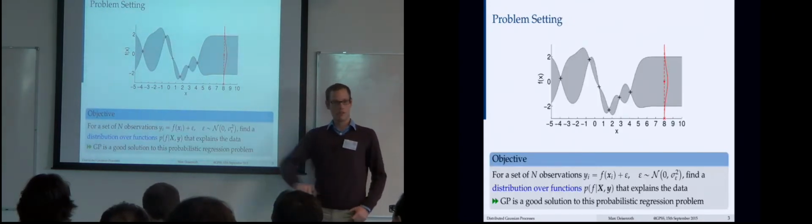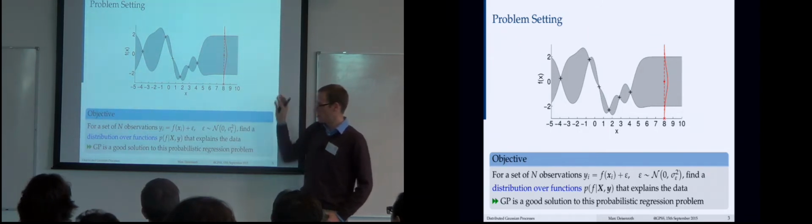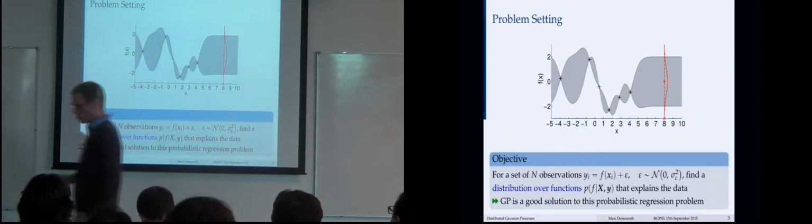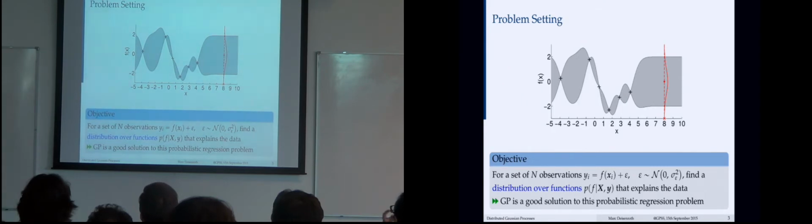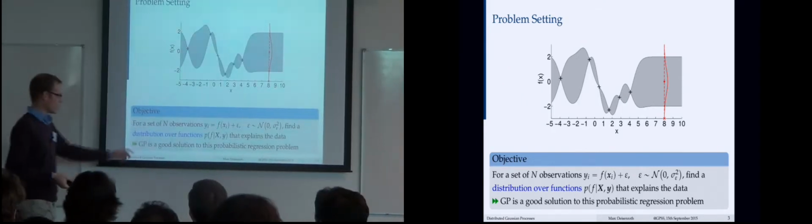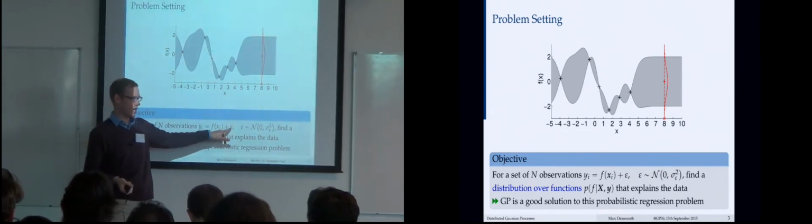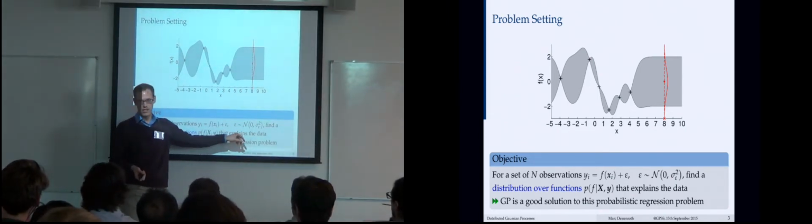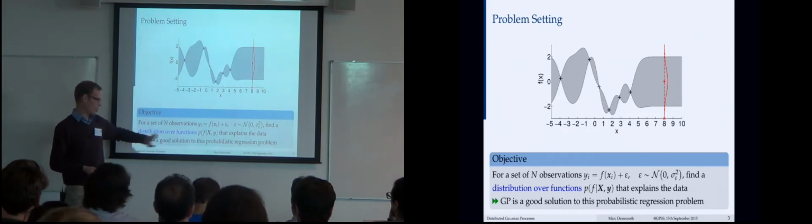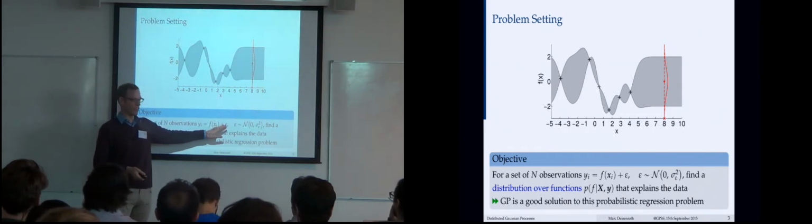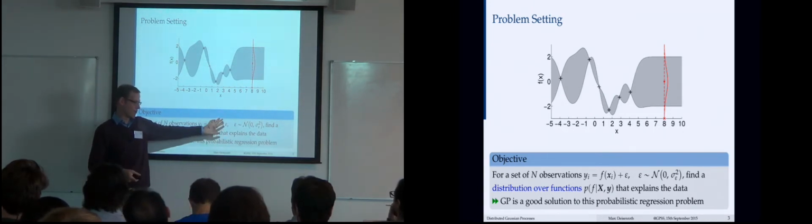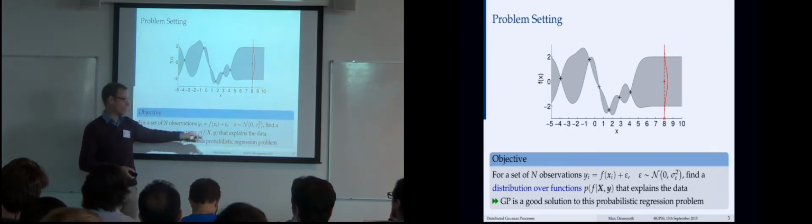Okay, so in a Gaussian process setting, we are normally interested in solving a regression problem. So we assume we have n observations y_i, which are f of x_i plus epsilon, and epsilon we assume is i.i.d. Gaussian noise. Just the easiest thing you can assume, and it's going to hold throughout the talk.